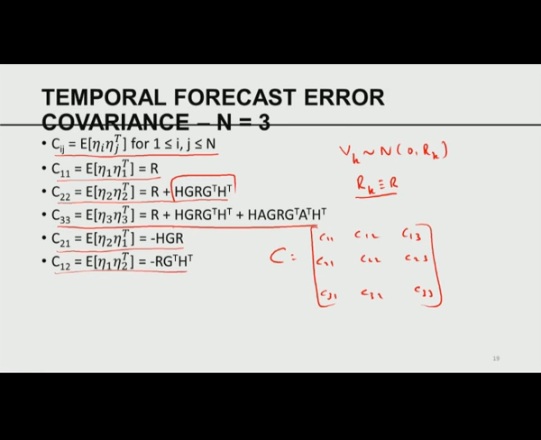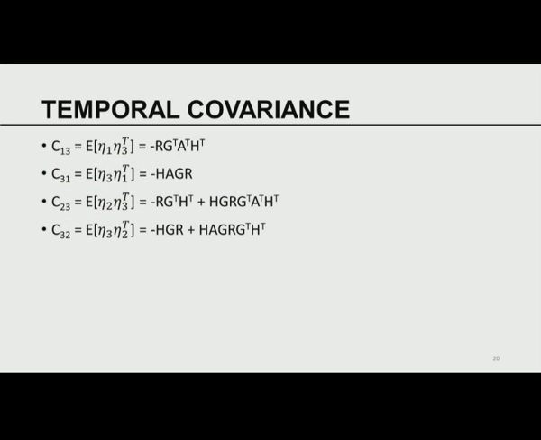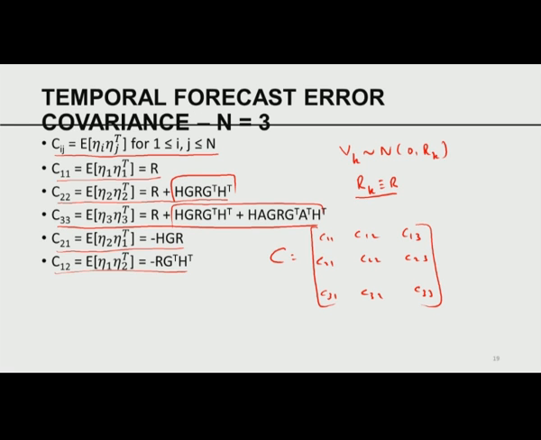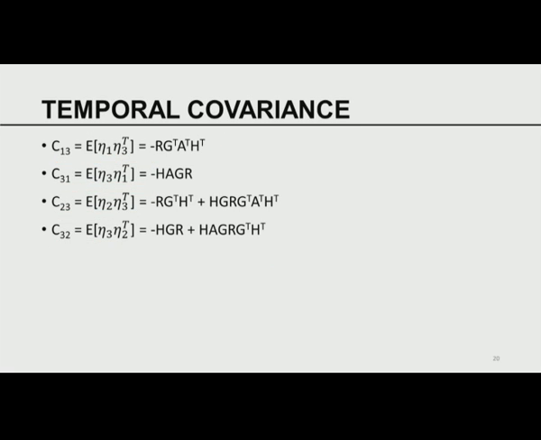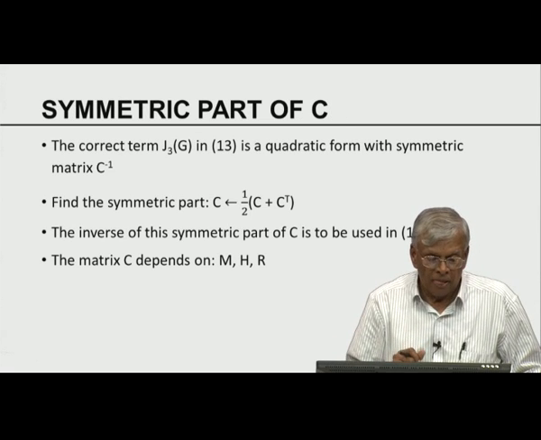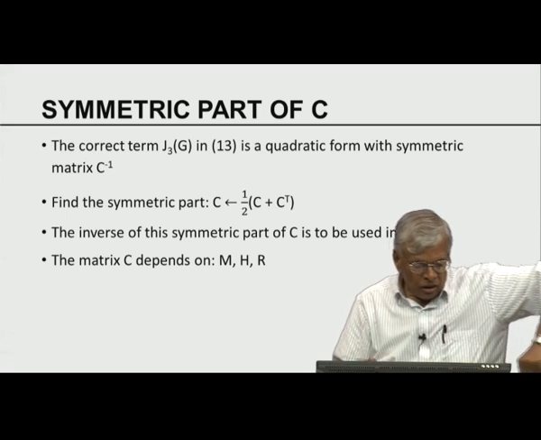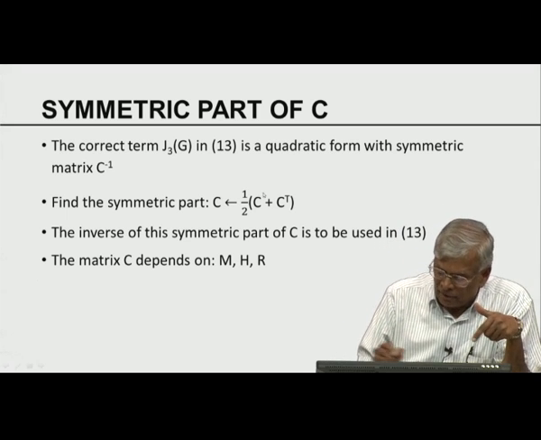These are the new terms that come into the picture, and it is these new terms we are interested in incorporating. Okay, I hope these expressions are clear. These expressions can be very explicitly evaluated by the closed form expression for the random part. So I have computed the matrix C.